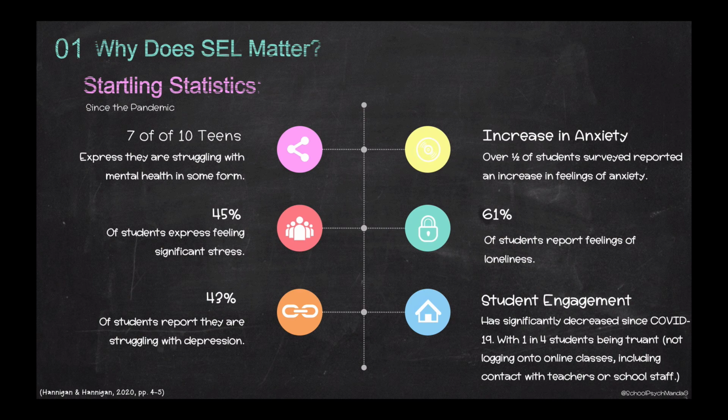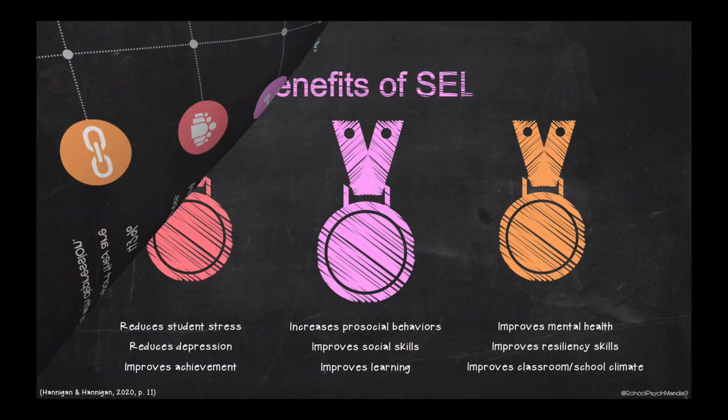Absenteeism is probably higher globally than in past years. And getting students to be engaged within their virtual learning, log into classrooms, complete their assignments, and be participants in their learning, I think we have globally seen a decline in that. So in some way or another, most of our students have experienced some form of mental health crisis in response to this pandemic that we've found ourselves in.